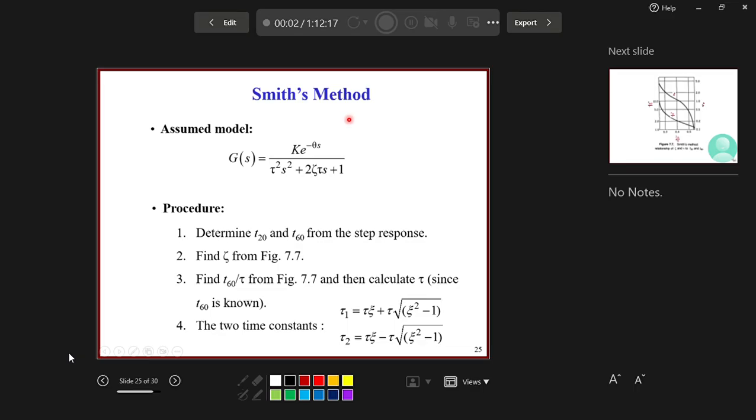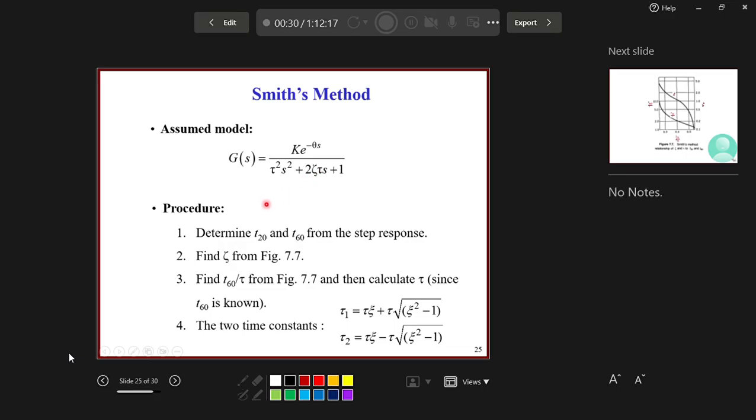Now, one of the methods to model a second order process is called the Smith method. Here, the assumed form of the model has 4 parameters: the process gain, the dead time, the time constant, and zeta, the damping factor. So how to use the Smith method?